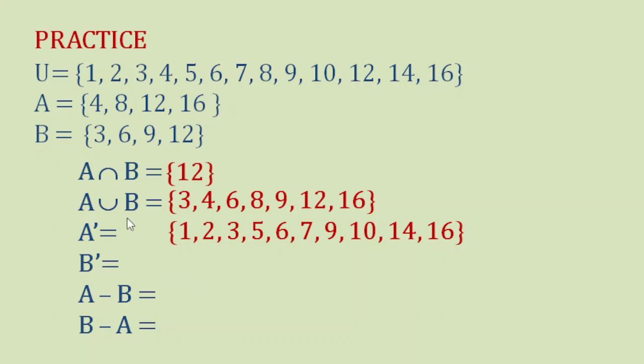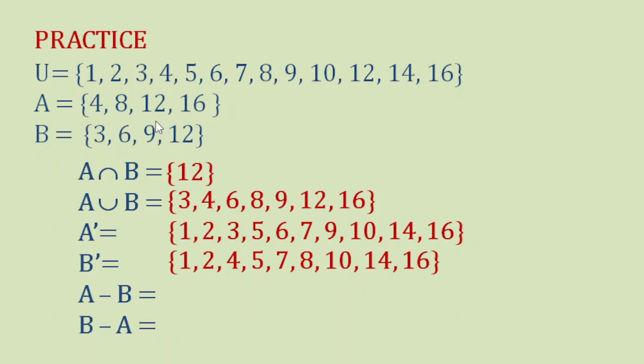Now B prime. These are the elements of B: 3, 6, 9, 12. We will remove them from U. So the elements of B prime are 1, 2, 4, 5, 7, 8, 10, 14, and 16. Now A minus B. The common element between A and B is 12.